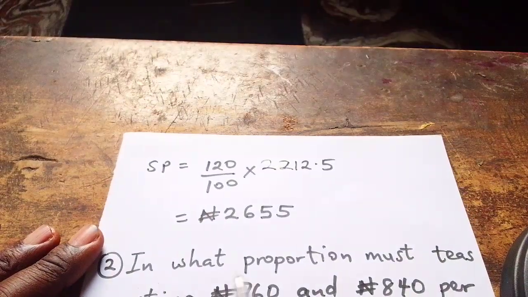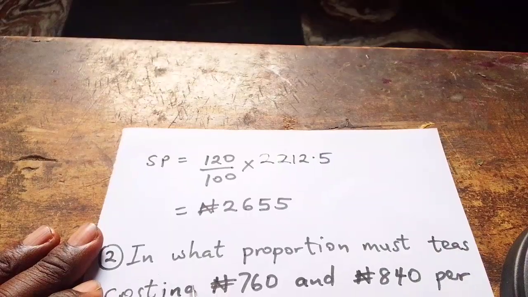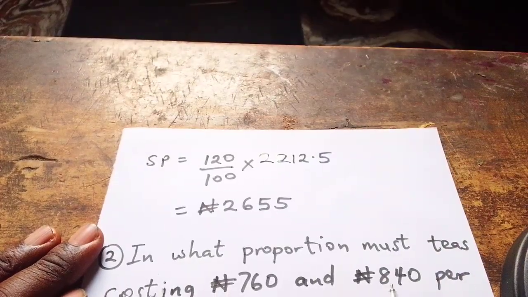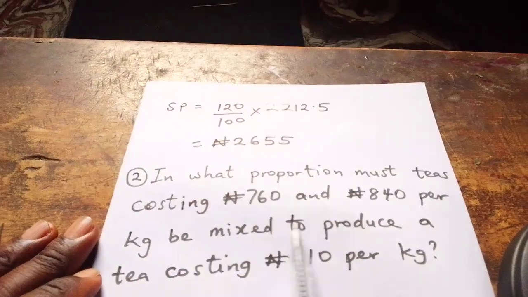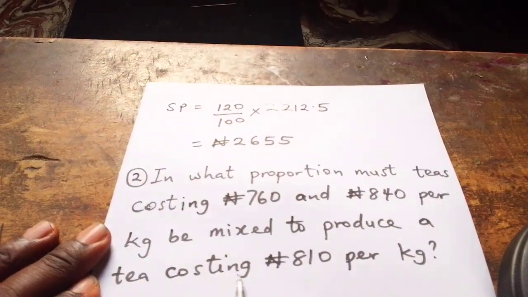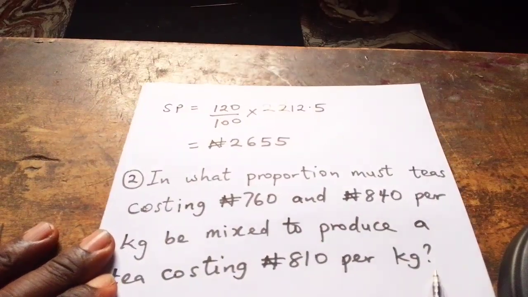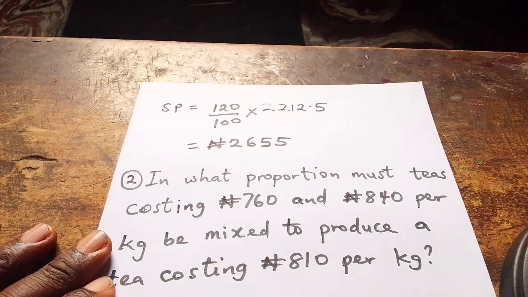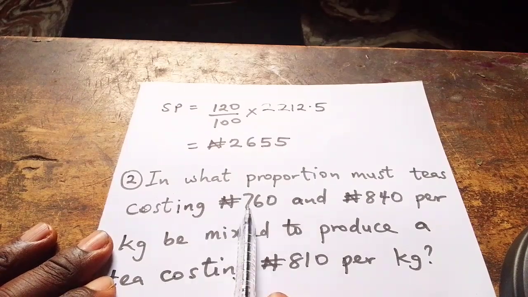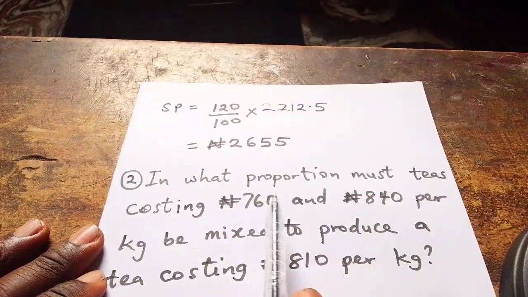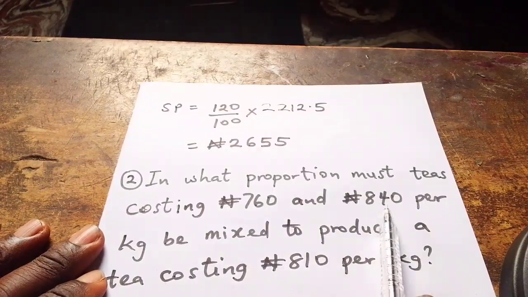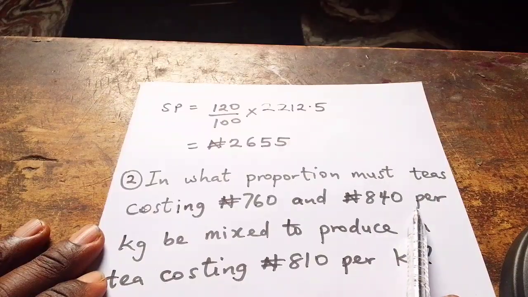In what proportion must teas costing 760 naira and 840 naira per kilogram be mixed to produce a tea costing 810 naira per kilogram? Now, we have another seller who buys teas. He bought one for 760 naira per kilogram. Another type of tea he is buying for 840 naira.